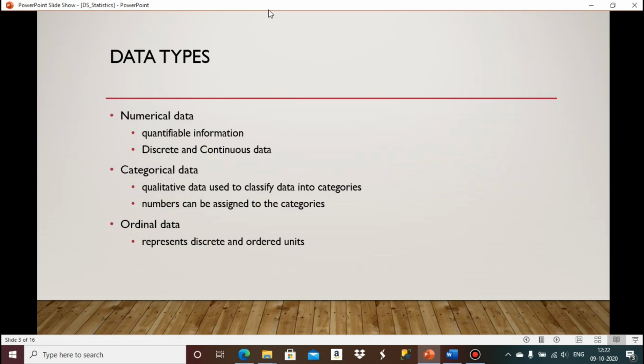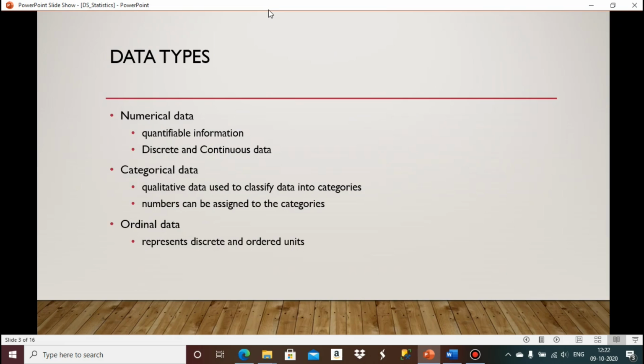Numeric data can be of two types: discrete data and continuous data. Discrete means, say, number of people, number of items, number of objects, right? They are discrete data. Then comes continuous data. Continuous means, say, the weight of a person.